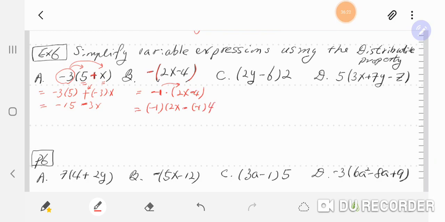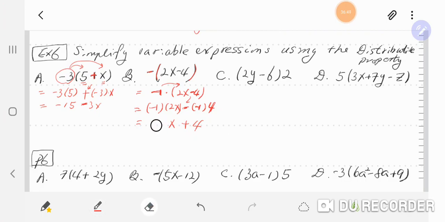Okay, if this minus, then this minus sign goes over here, and this 4 is multiplied by negative 1. So negative 1 times 2x is negative 2x. And this is plus 4, right? Negative times negative is plus 4.